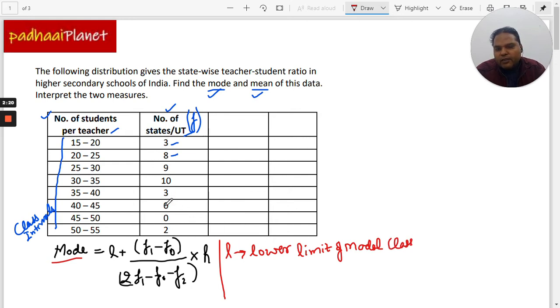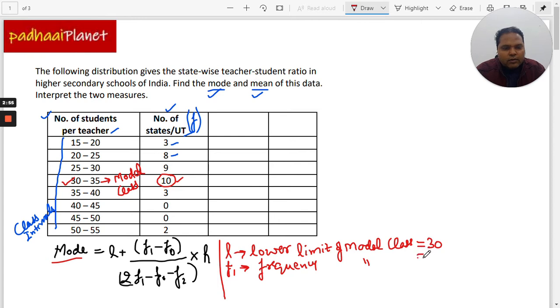If we look at this data, here is the highest frequency, so this class is the modal class, and hence 30 is the value of L here. Similarly, F1 is the frequency of the modal class, so this is 10.